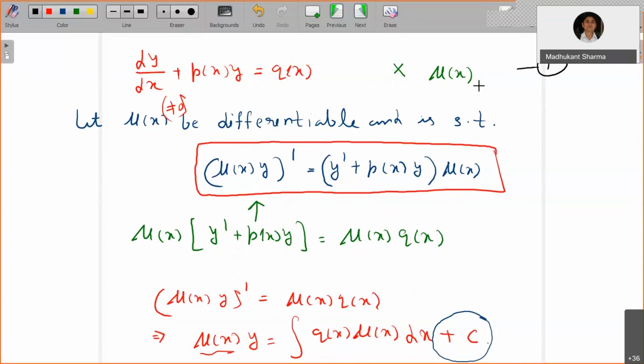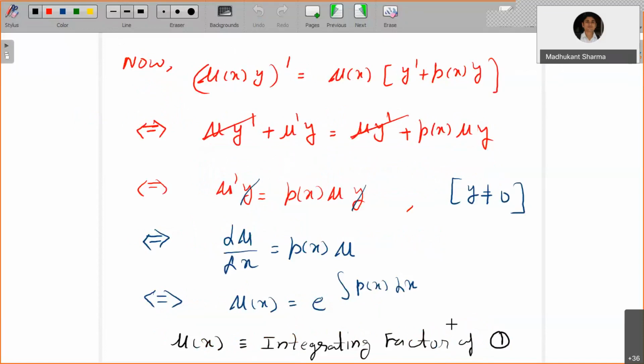Because if you multiply both sides by it, then you will be able to integrate both sides very easily, and it makes the left-hand side a total differential of another function of x, that is d of mu of x into y. So this has a name attached to it, the integrating factor. So you have mu of x equals e to the power integration of p of x dx.